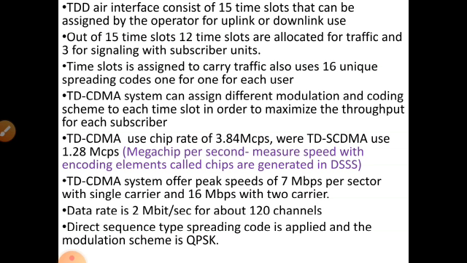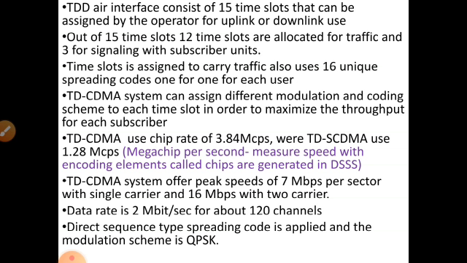This TD CDMA system can assign different modulation as well as coding schemes for each time slot. The basic aim of this modulation and coding scheme is to maximize the throughput for each subscriber. In this TD CDMA, the chip rate is 3.84 Mcps.